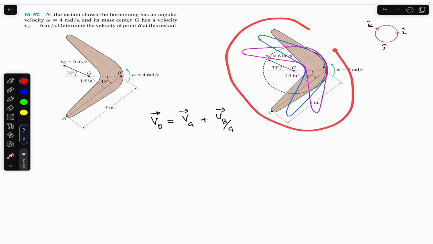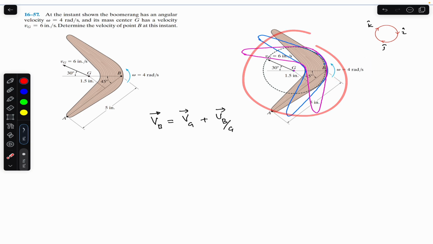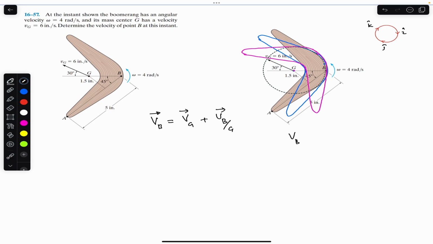So we can consider this diagram for the velocity of B relative to G. You can think of the velocity of B relative to G as the velocity of this point B as if it is rotating about the circumference of this circle. So this velocity is always due to the circular motion, or we can say that this velocity is always due to the angular velocity of the system.